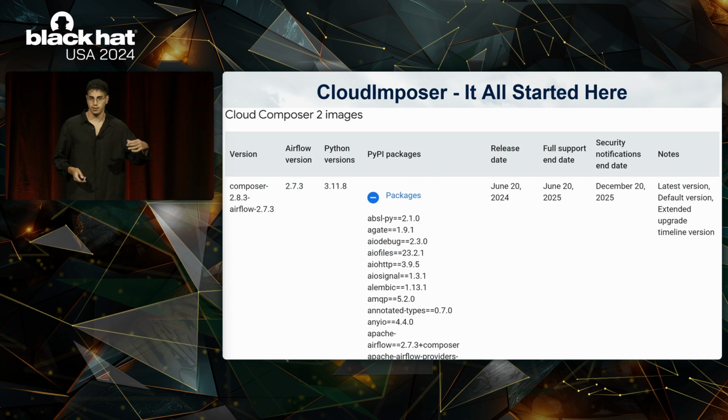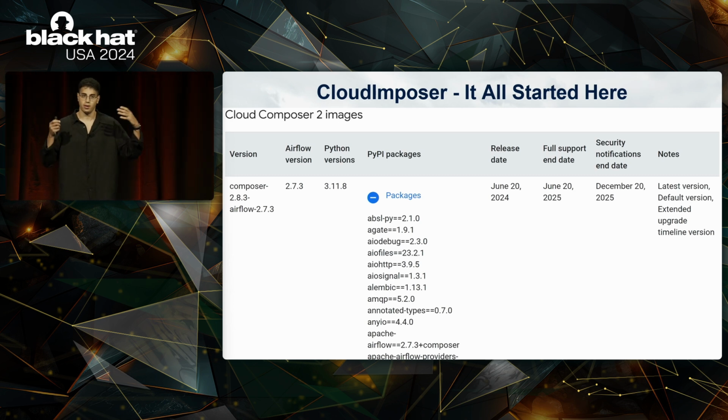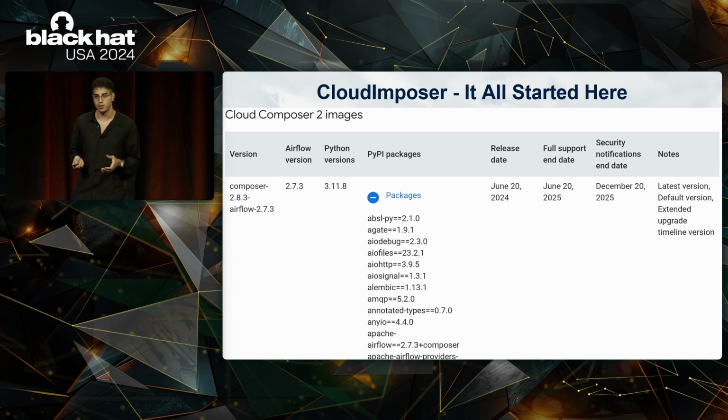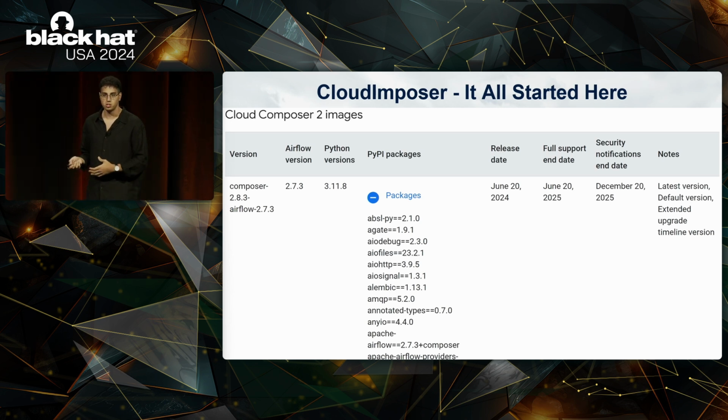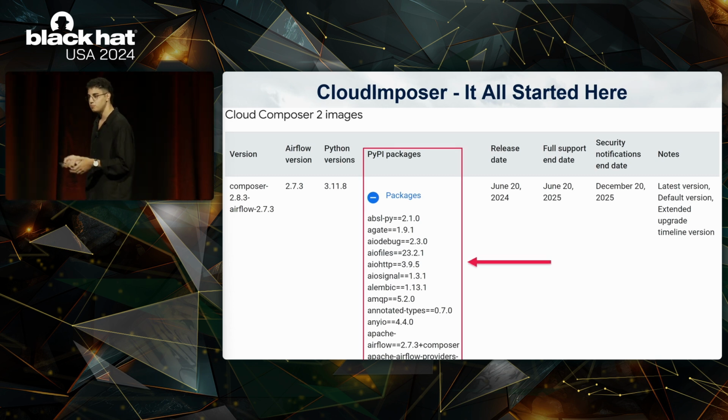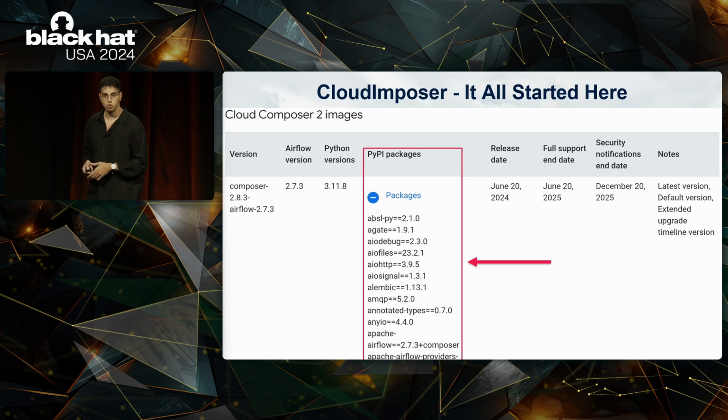So when I create it, I deploy a GCP Composer image. And that image is simply an Apache Airflow system image that is also bundled with PyPI packages. And these PyPI packages, some of them include Google's internal packages.